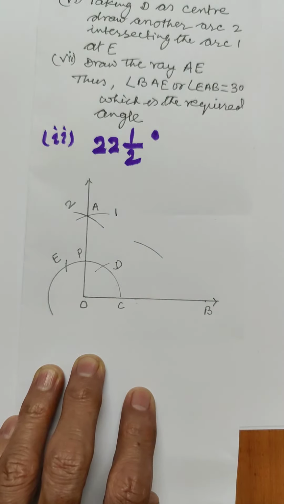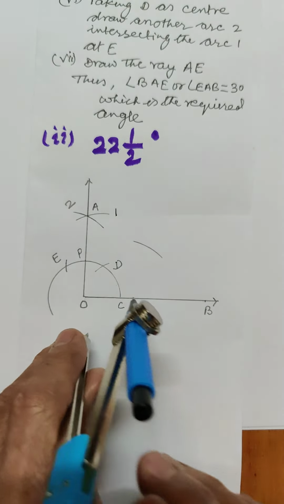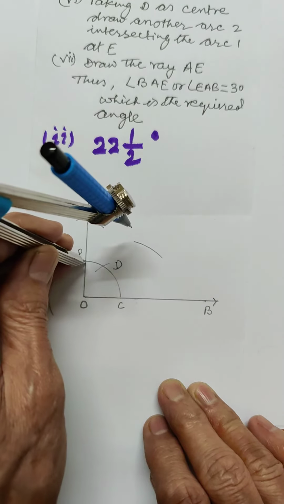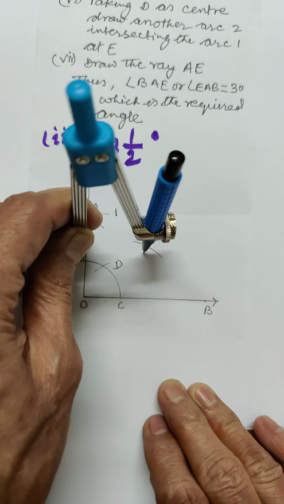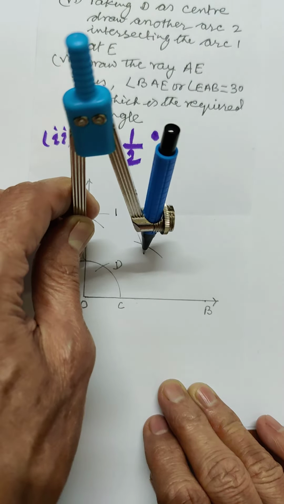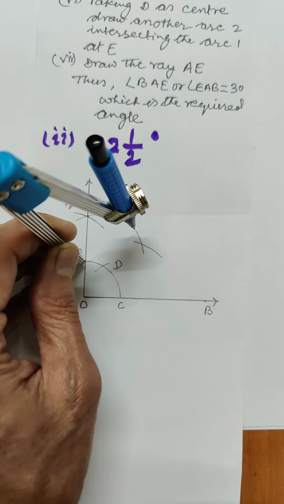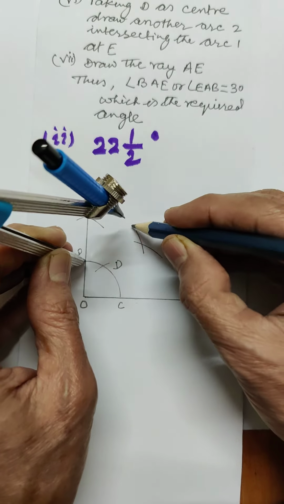Now with P as a center, we shall draw an arc intersecting the previous arc number 1 and arc number 2.